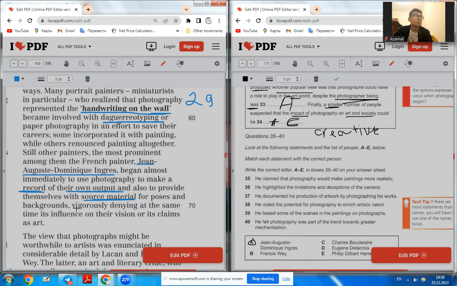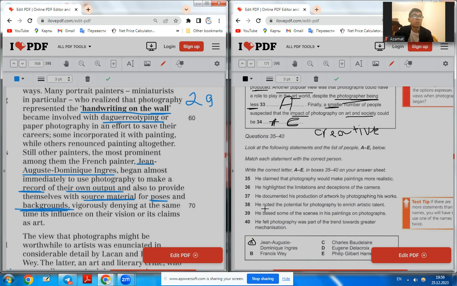So first, it's saying that he or she uses photography to make a record of their own output and also to provide themselves with source material for poses and backgrounds.